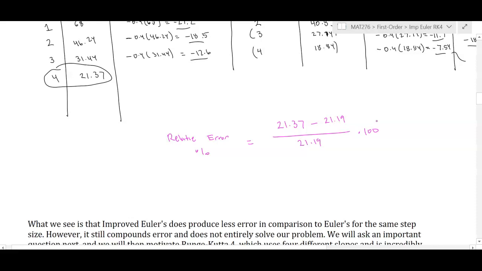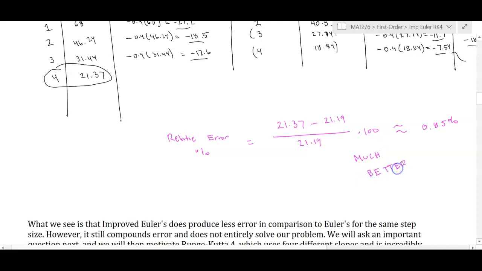And we get 21.37 minus 21.19 divided by 21.19 times 100. And believe it or not, we're just slightly over because the slopes that we were adding were smaller negatives than in the standard Euler's method, so we get about 0.85%. Now that is much better.